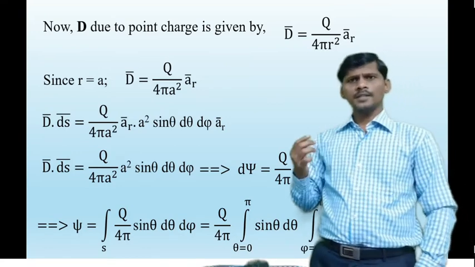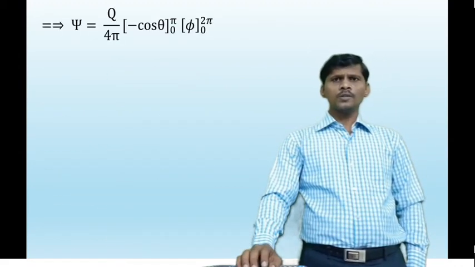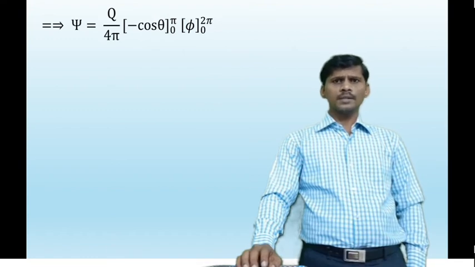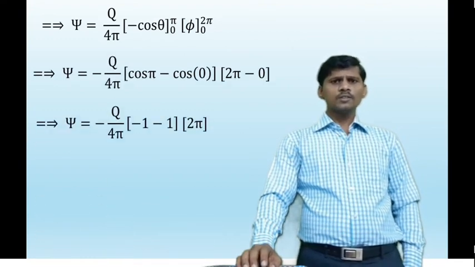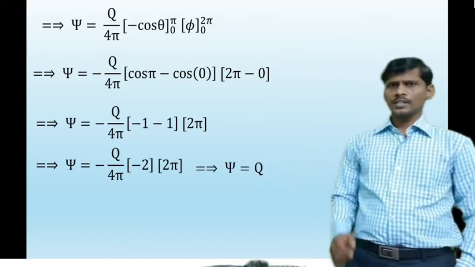Integral of 1 d phi is phi over 0 to 2 pi. After applying the limits, the lower and upper values of theta and phi, we get psi is equal to Q.